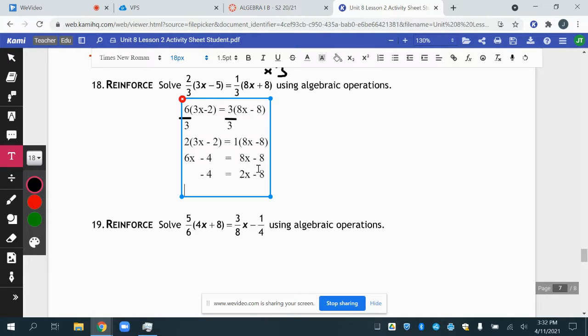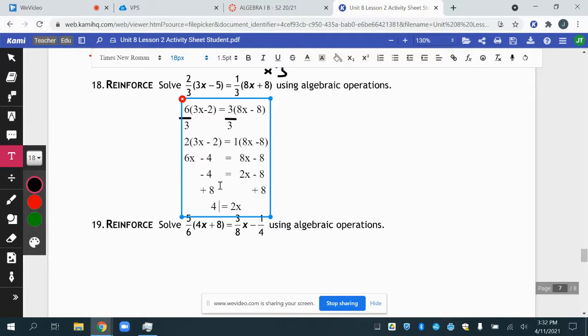There. Now I need to get rid of the 8. I'm going to add 8. 4 equals 2x. We're basically done.